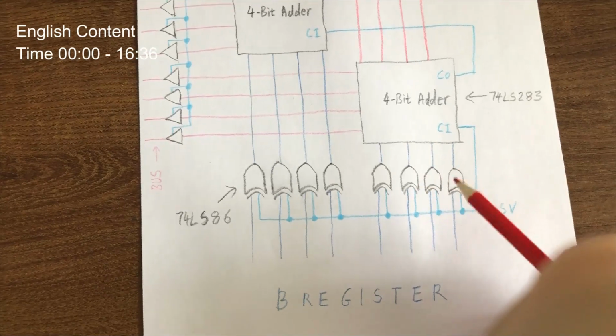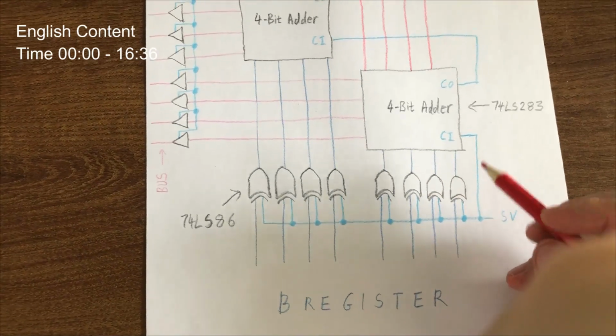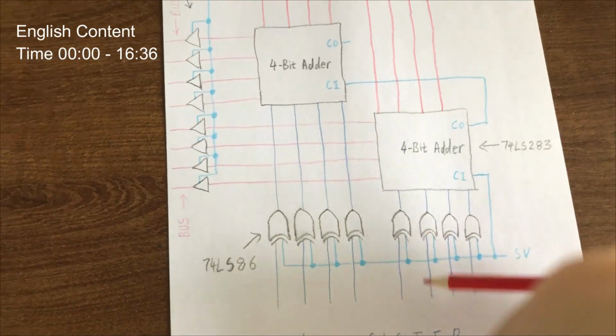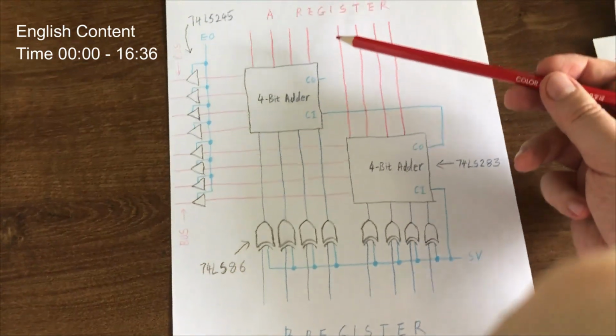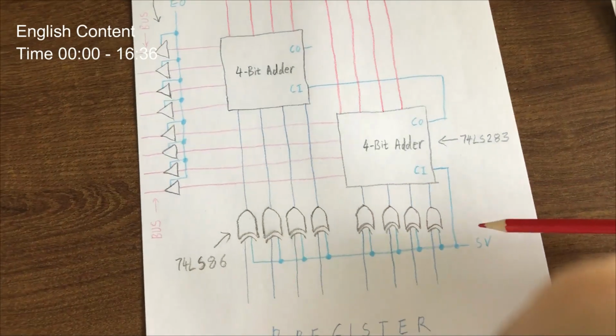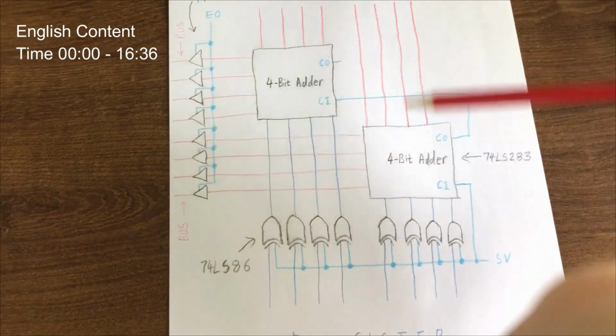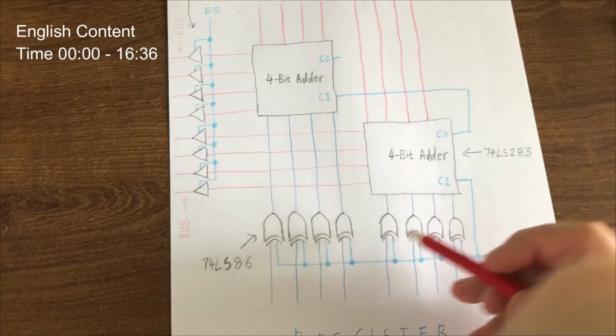So when we have 0 in here, we will just normally add the two numbers from the A register and B register. When it is 1, then we will do subtracting.